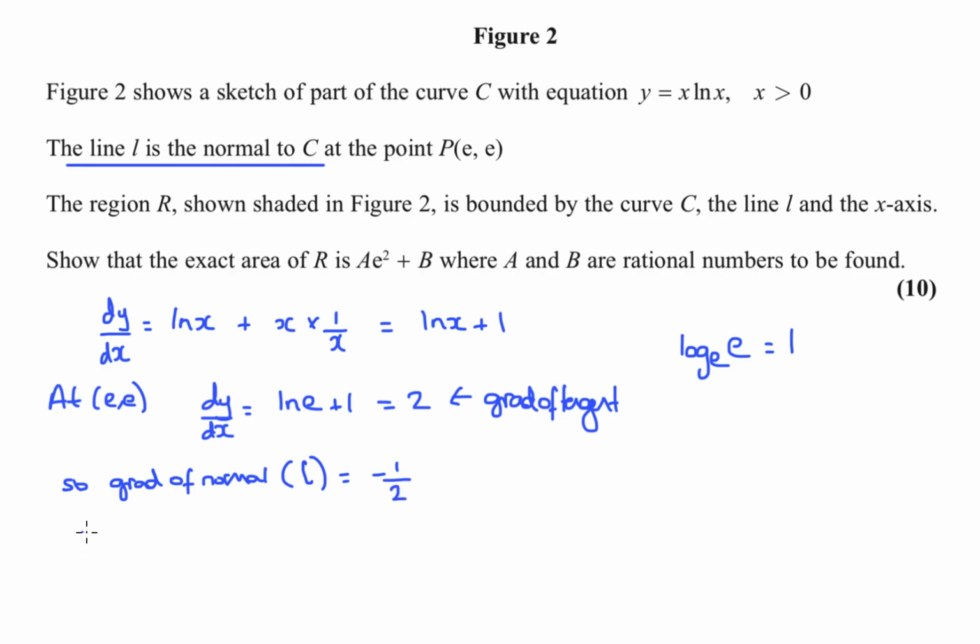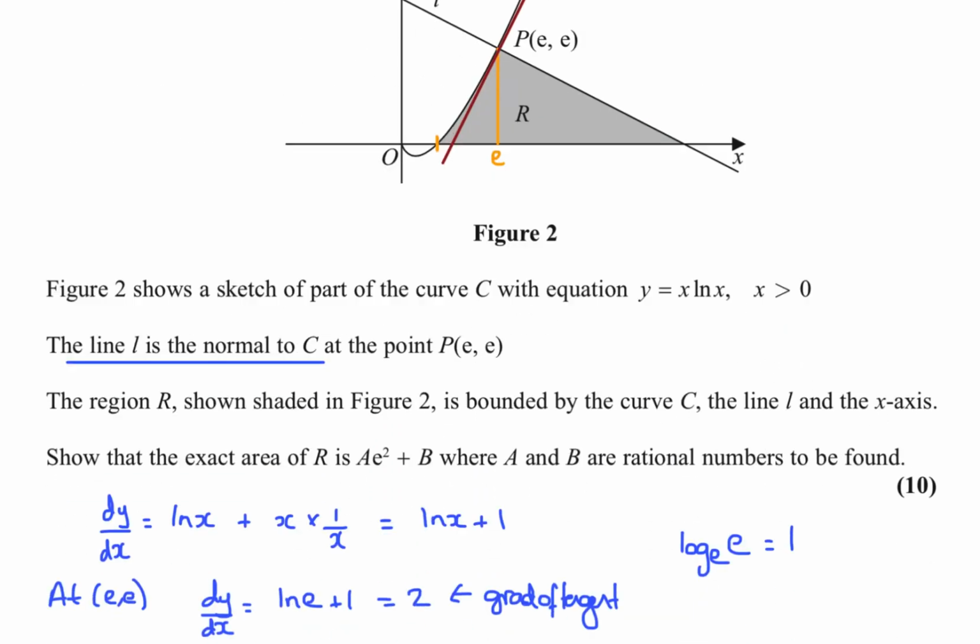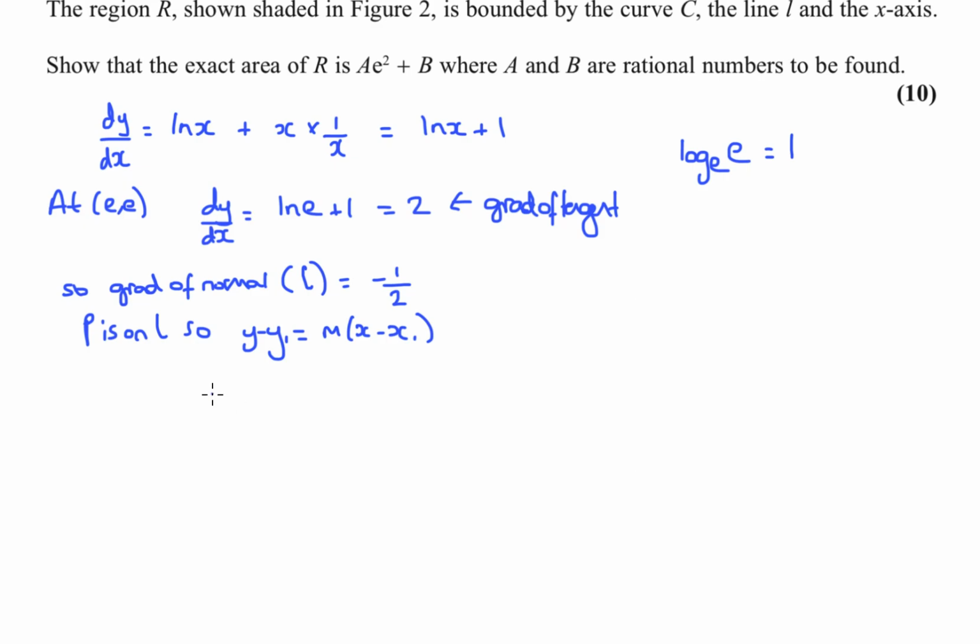We also know that P is on L. So we can use y minus y1 equals m(x minus x1) to get the equation of L. So that's y minus e, and don't worry that we're having to use e's, that's okay, is equal to negative a half times (x minus e).